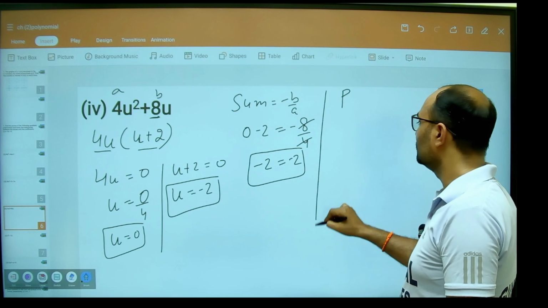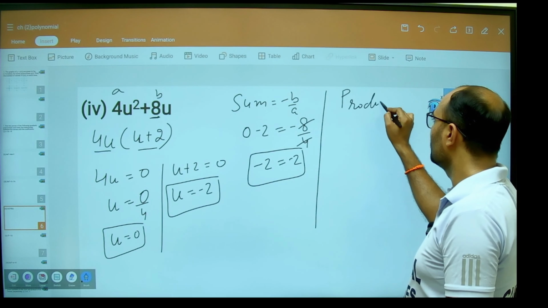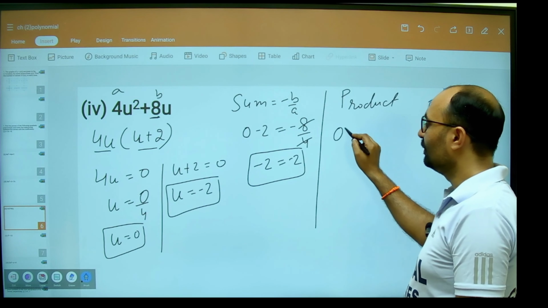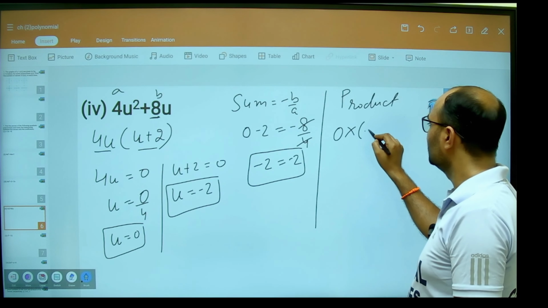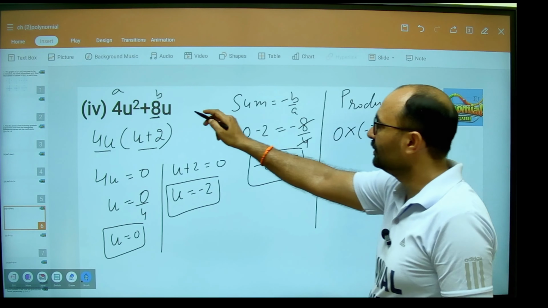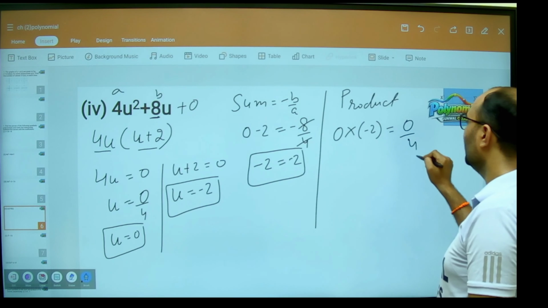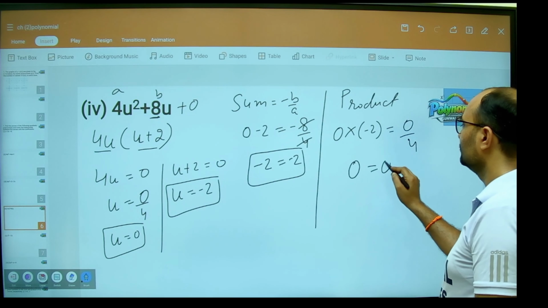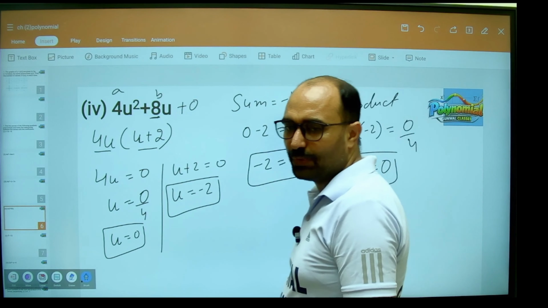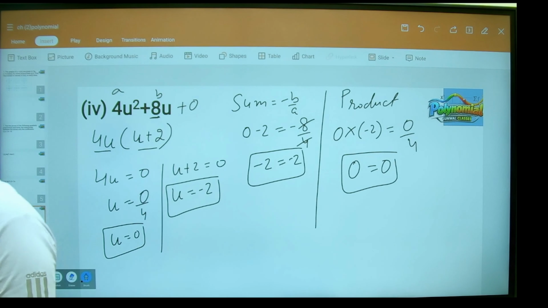Product: 0 multiply something, c is nothing, that is 0, 0 upon a. Note down fast. If you have any doubt, pause the video and watch it again.